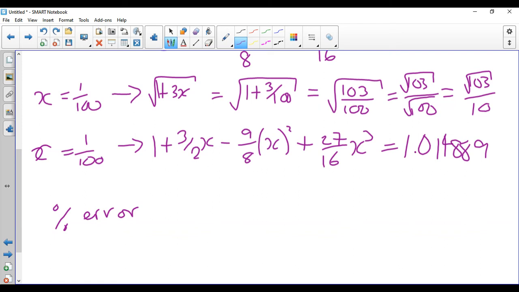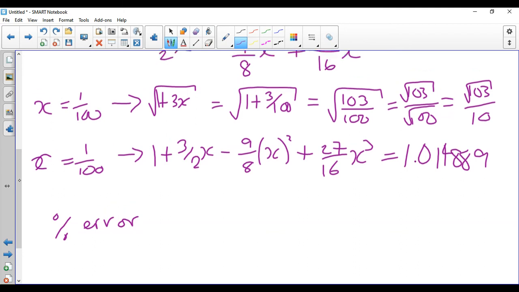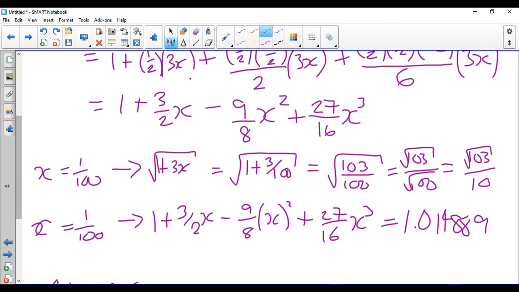It's 1.014889. Oh, I'm going to have to go a bit further, because actually if you type that into your calculator, let's just pop it up here for you as I don't have a calculator on screen. That is 1.014889157. So I'm actually going to need a few more decimals, otherwise I'm not going to get a percentage error.